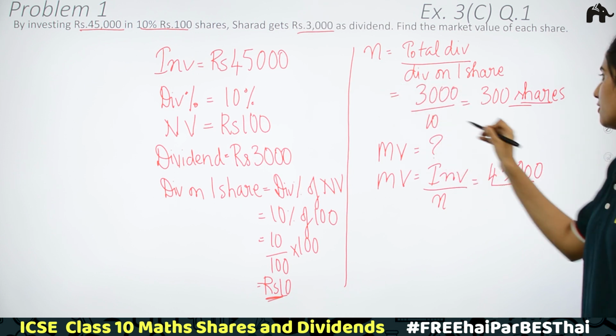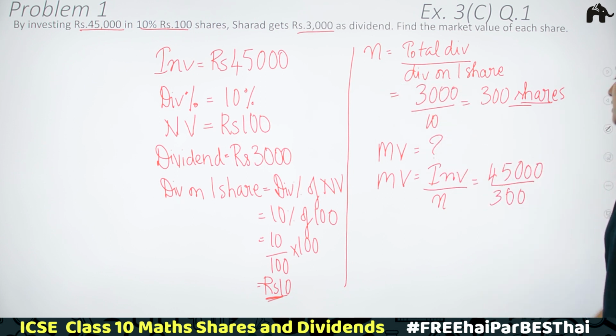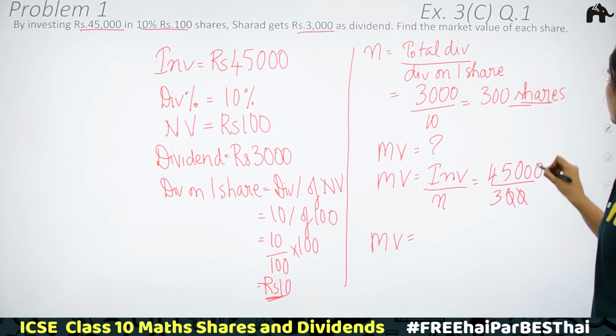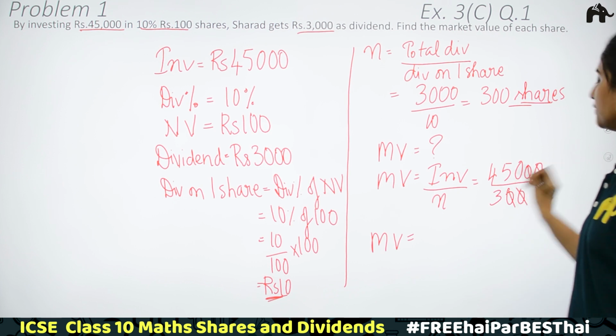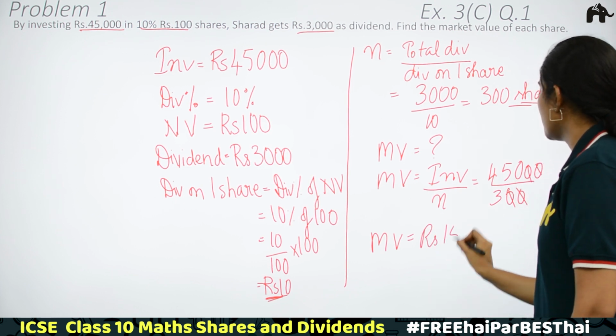We determined number of shares, N is equal to 300. Then the market value is equal to 450 by 3. You will be getting rupees 150.